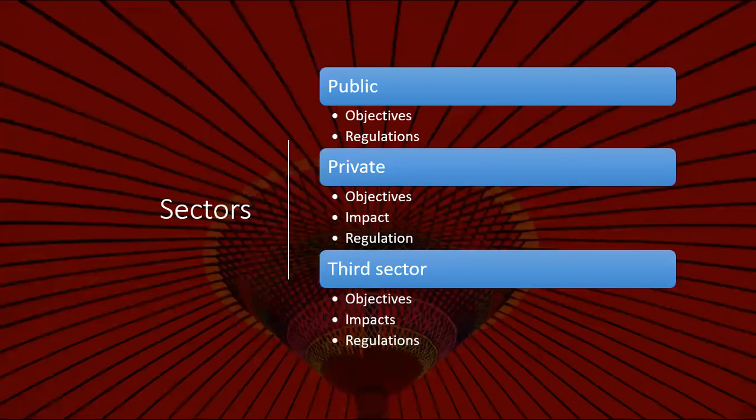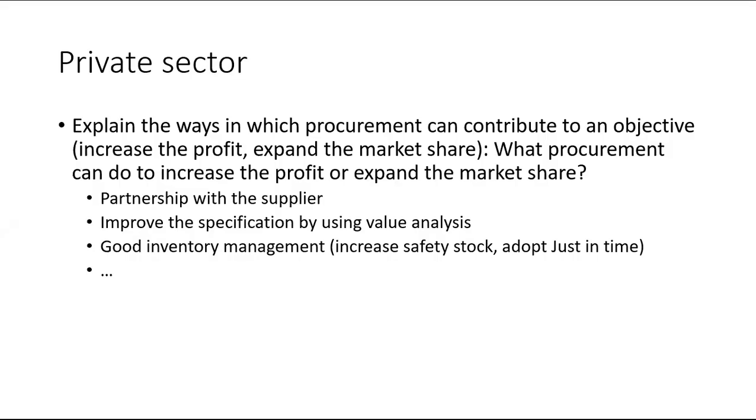Regarding the impact of the private sector on procurement, we have different objectives, and each objective will have a different impact. And regarding this area, they don't ask you generally as for the public or third sector, but they can ask you about the impact of only one objective, like the impact of earning profit on procurement.